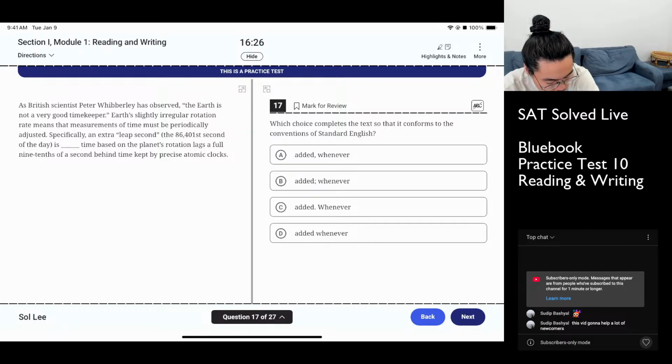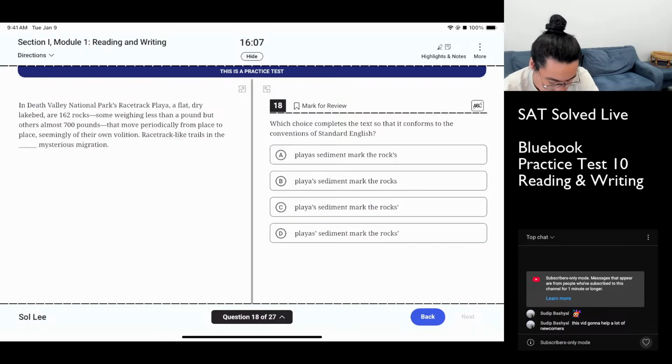Okay, an extra leap second is added whenever we add a second whenever time lags a full 9/10 of a second. Okay. We add it whenever that happens. Okay, that is correct. In Death Valley, there are 163 rocks in Death Valley.